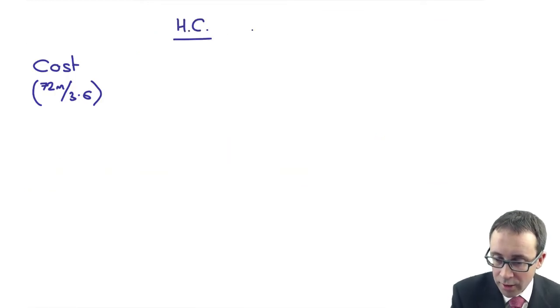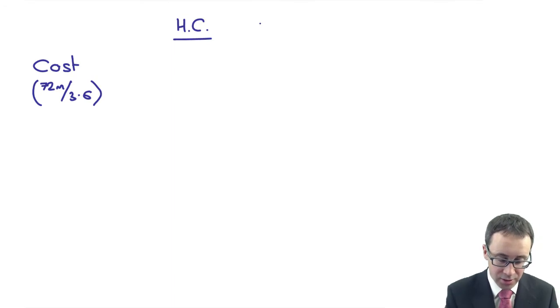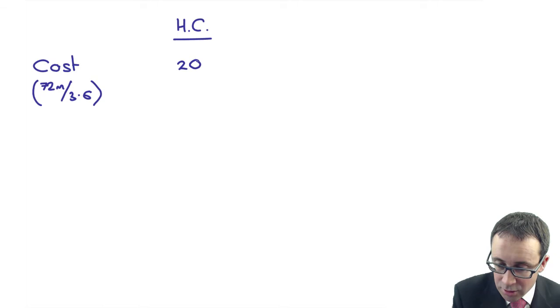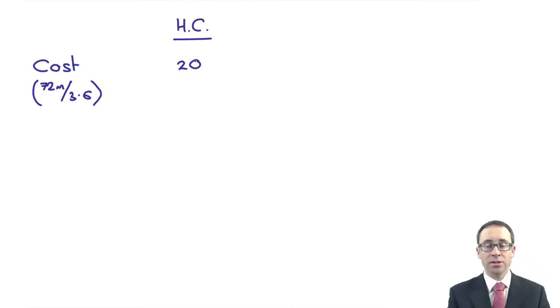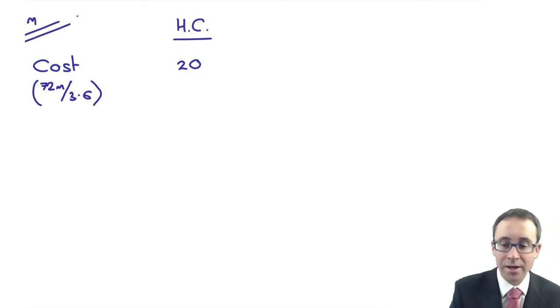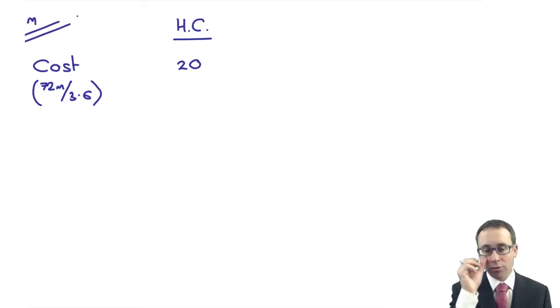So my historic cost that we have there, 72 divided by 3.6, is there as $20 million, isn't it? Okay, so everything we're working in now is in millions of dollars. So that's what would have happened on 1 January 2011.